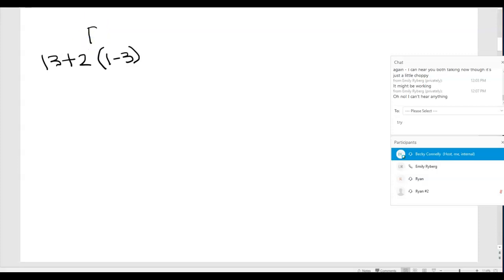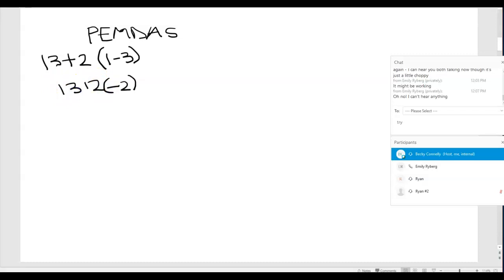Because remember, our order of operations are parentheses, exponents, multiply and divide from left to right, and then add and subtract from left to right. So, yeah, we'd want to do the 1 minus 3 first, right? So that would give us a negative 2.